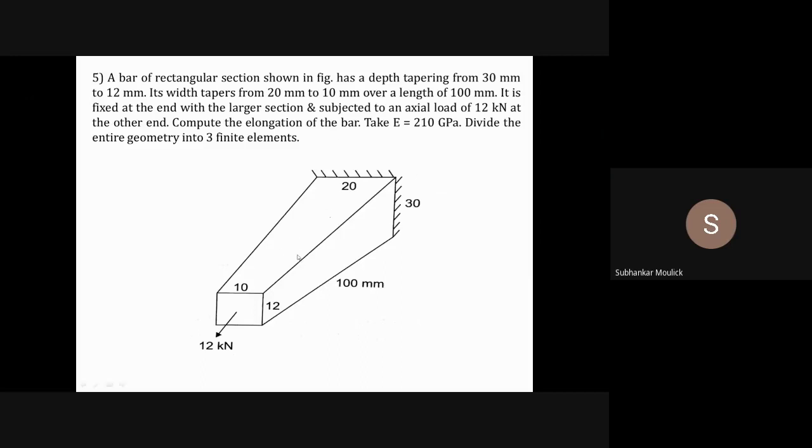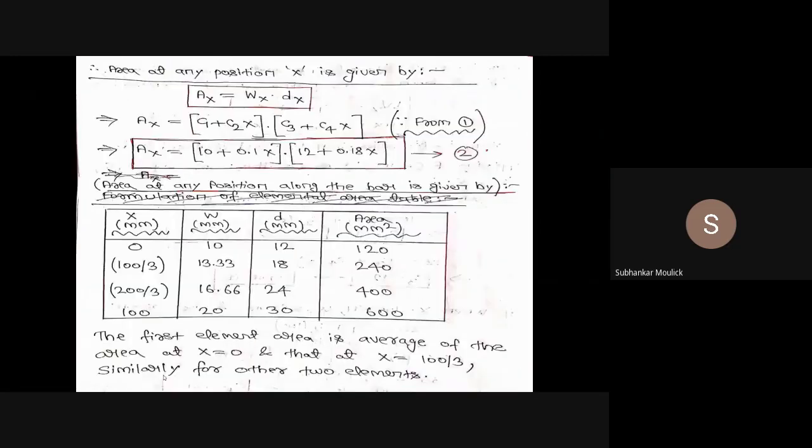We divided this entire problem into a finite number of elements, and then by the stiffness method we found the nodal displacement and nodal stresses in each finite element due to this 12 kilonewton load.